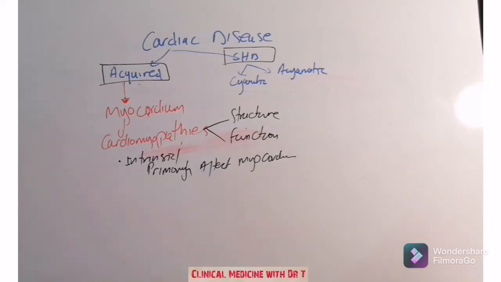Hypertension, coronary artery disease, valvular heart disease, and other diseases, pericardial disease, those are not intrinsic to the muscles. Those are not primary myocardial disorders. But eventually they can affect how the myocardium functions, but they're not primary disorders of the myocardium. So they are not cardiomyopathies.